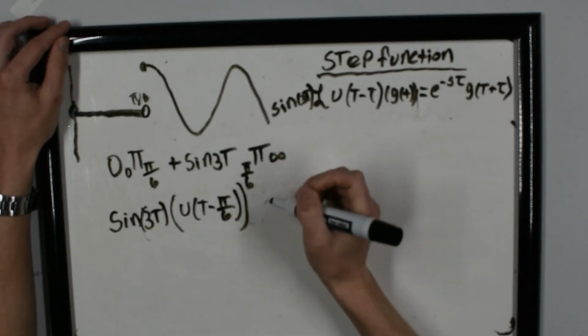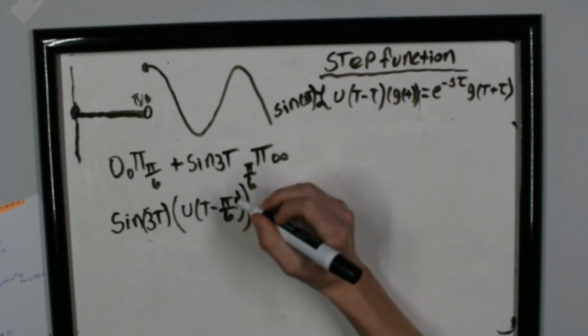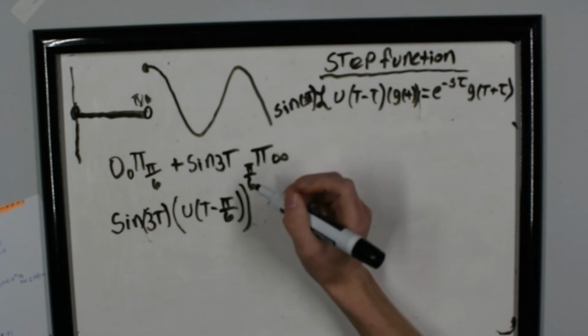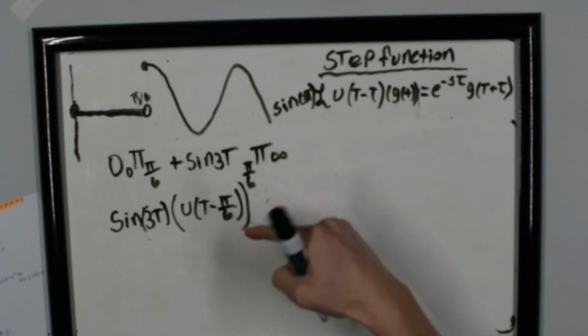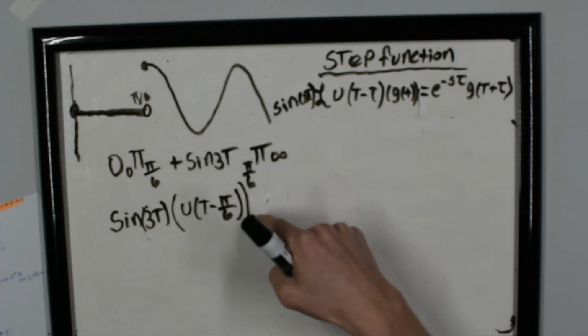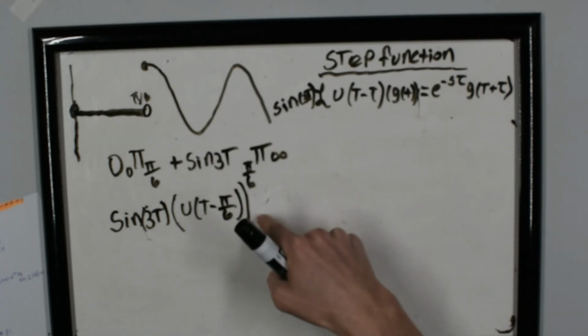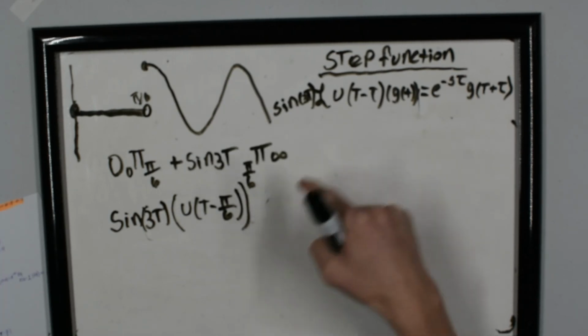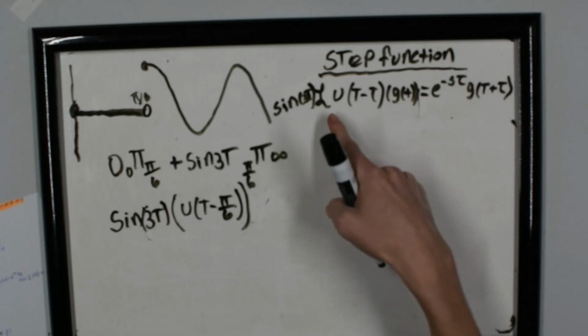So that's it. We're left with sine 3t u(t minus pi over 6). Okay, well we need to take the Laplace transform. So this is our step function for this piecewise function, and to take its Laplace transform, we have to plug it into this formula.